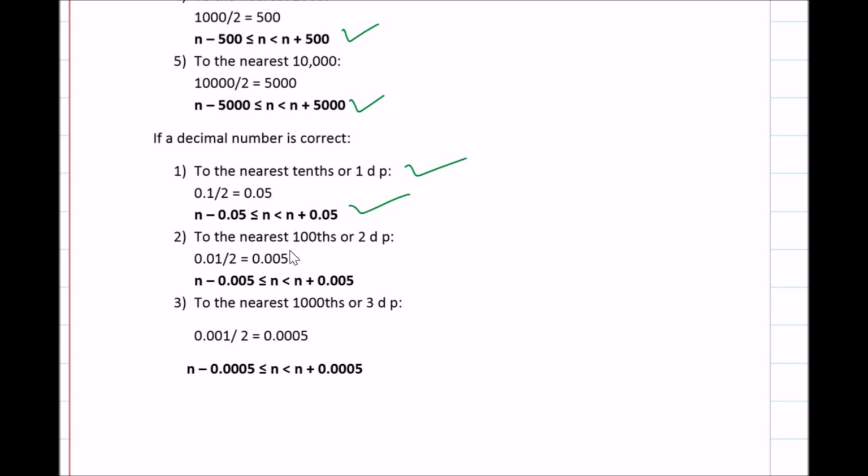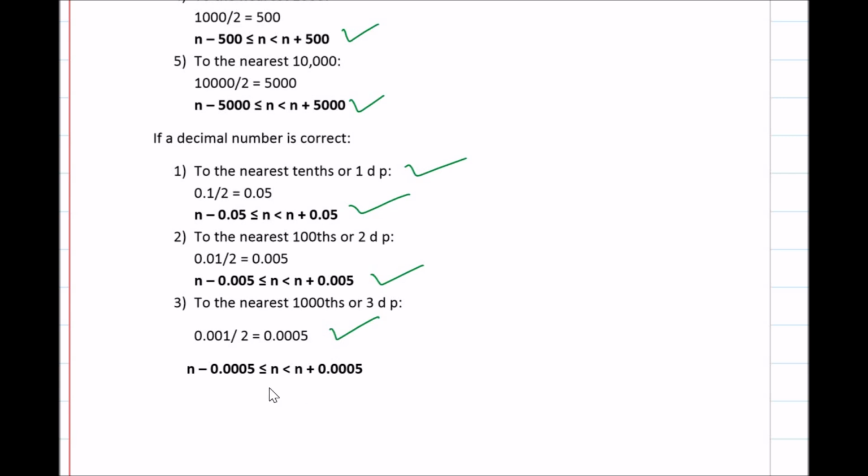Same way, if it is the nearest hundredth or 2 dp, we take 0.01 divided by 2, that is 0.005. So we subtract 0.005 and add 0.005, and we get the lower bound and upper bound. To the nearest thousandth or 3 dp, 0.001 divided by 2 gives us 0.0005.